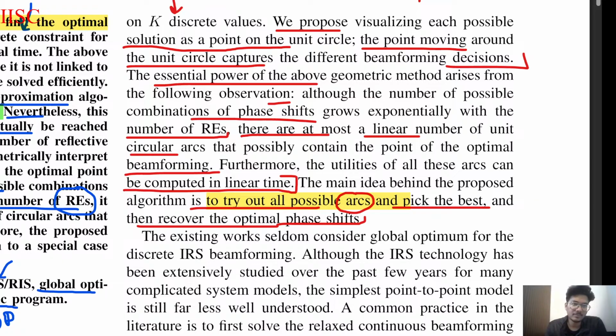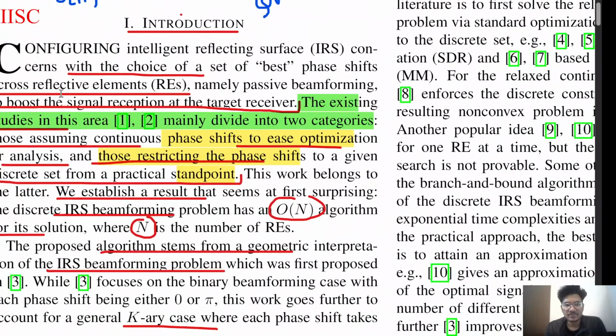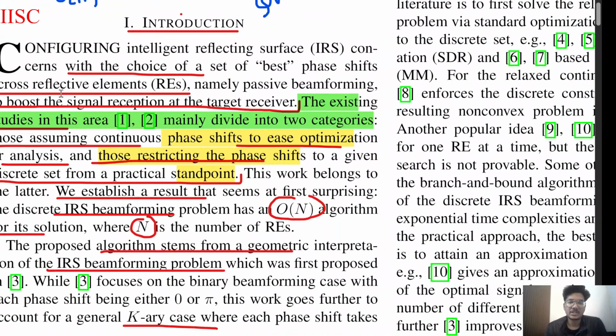Okay, so let's skim through all these paragraphs. In the first paragraph we understand what we are doing: we are selecting the best phase shift for all our reflecting elements, namely massive beamforming, to boost the signal at the receiver end.